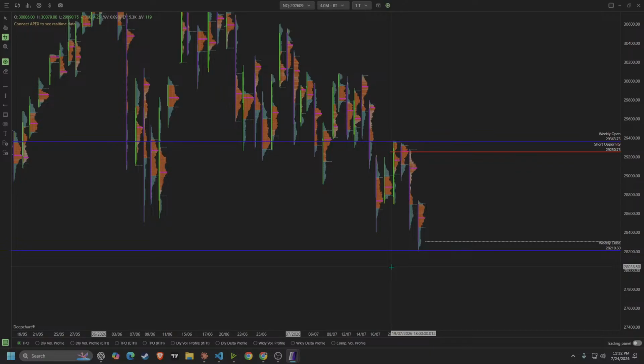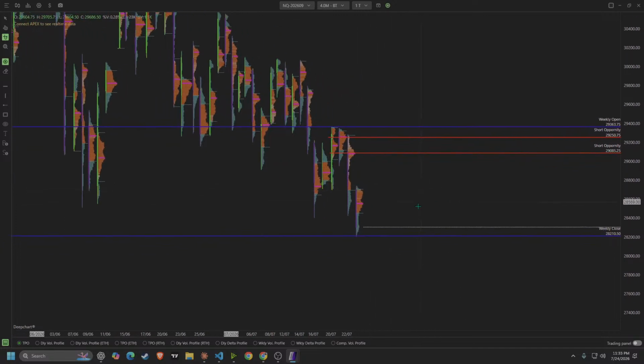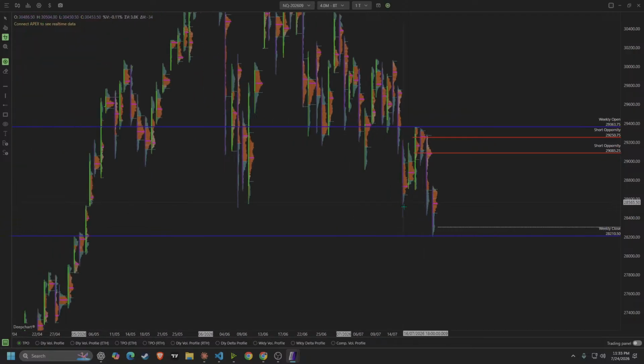So the other, if we really wanted to make it a range, you just duplicate this because it's never a specific price. We can make that our range.